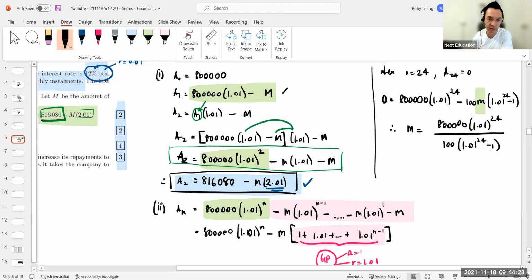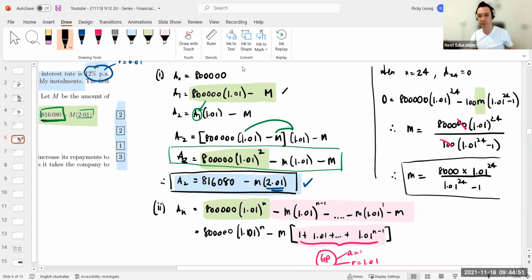Let's have a gander. Perfect. The 100s cancel out, and I got it right. So m is 8,000 times 1.01 to the 24 over 1.01 to the 24 minus 1. Exactly what they want.